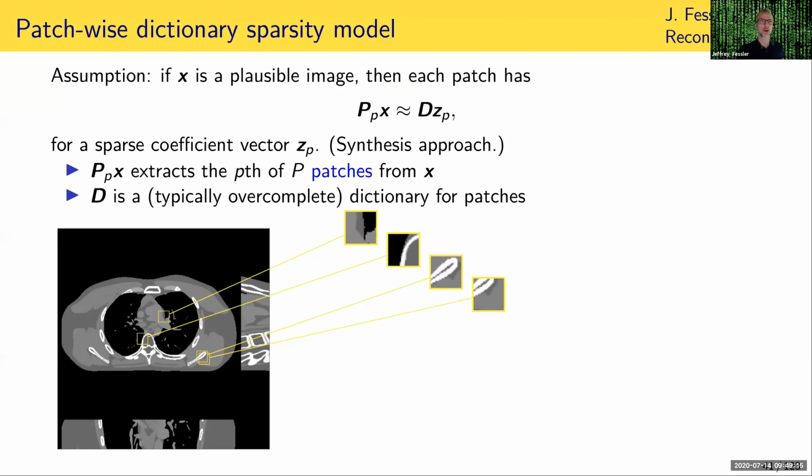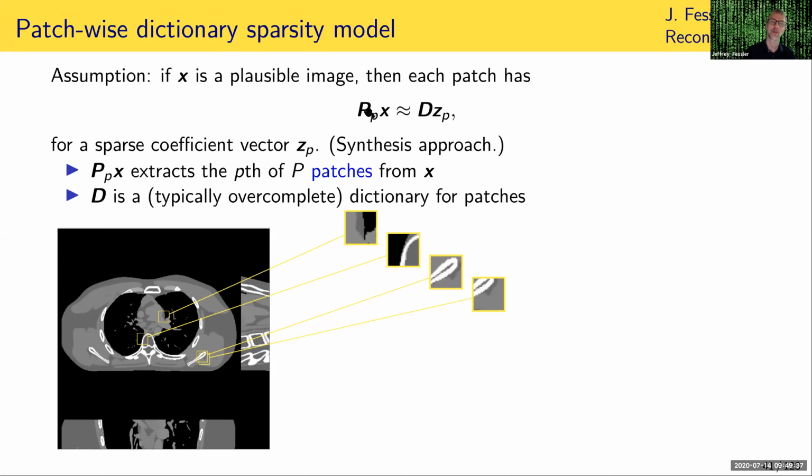So let's start with a patch-wise dictionary sparsity model. In this model, instead of trying to model the entire image using some dictionary, we extract patches from the image. So here's a 10 by 10 patch extracted from an image, and this matrix P_p means the pth patch extracted from this image.